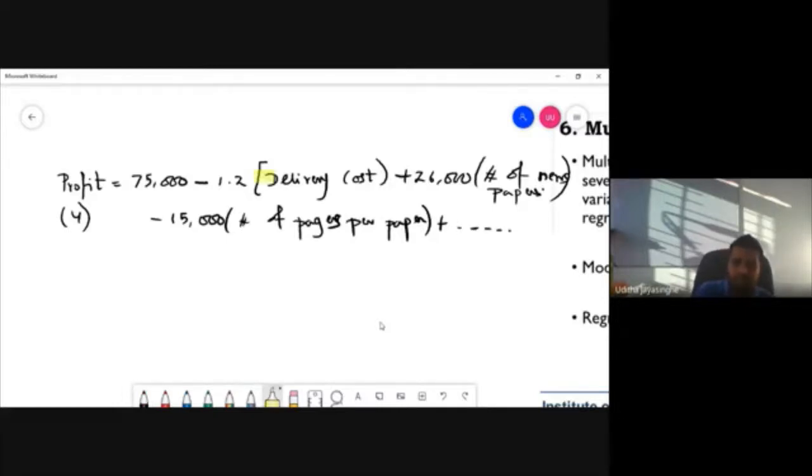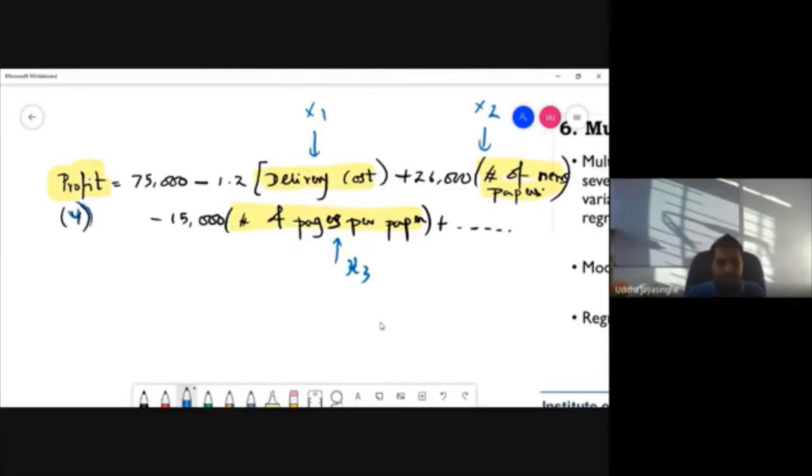Delivery costs, number of newspapers, number of pages per newspaper. What are these? These are the individual X components that we discussed. So these are nothing but those X1, X2, and X3 that you saw. This is the Y.